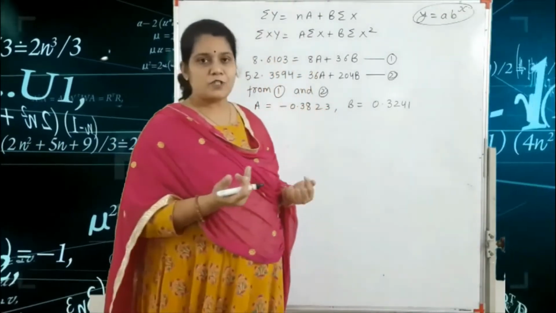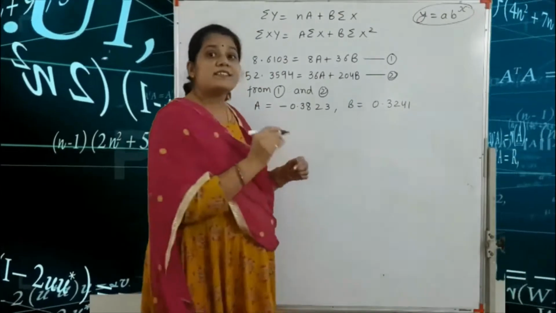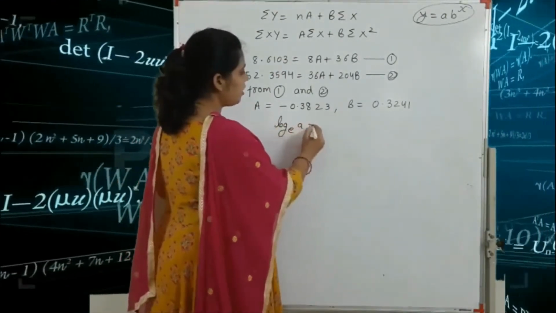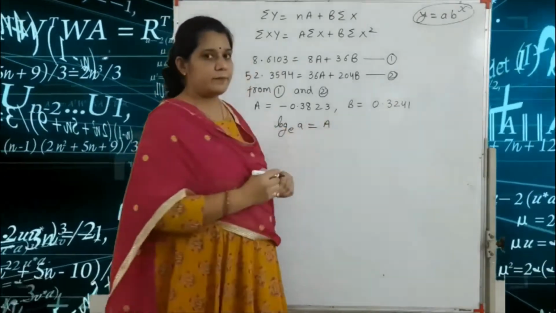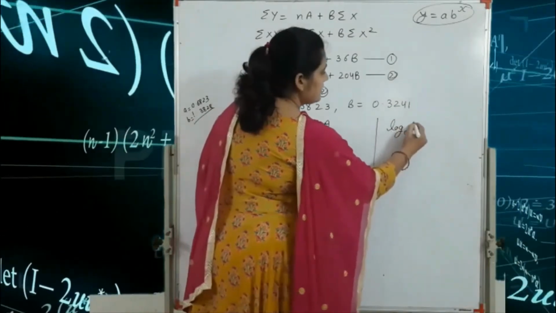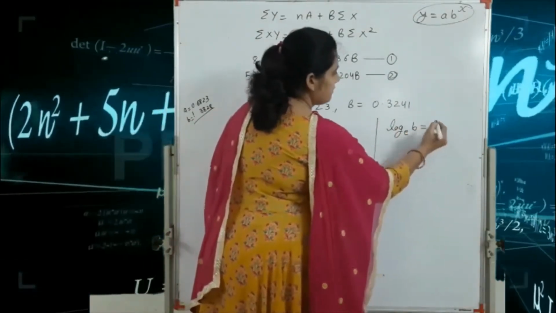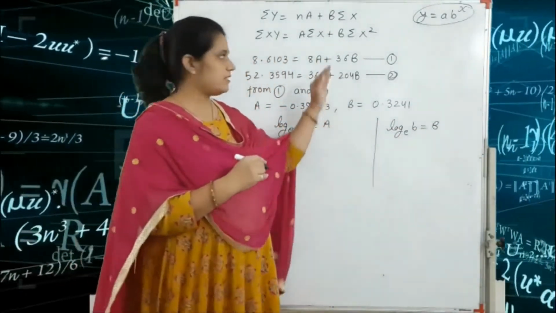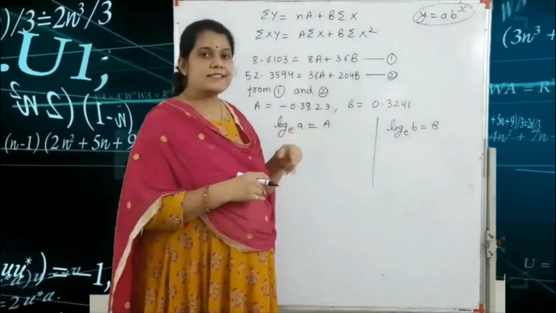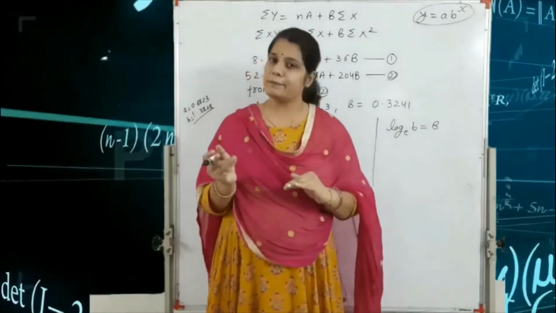So what is the process? Process is that we consider log base e small a is equal to capital A, okay, and log base e small b is equal to capital B. We take the logarithm on both the sides, then we consider every small letter into the capital letter.